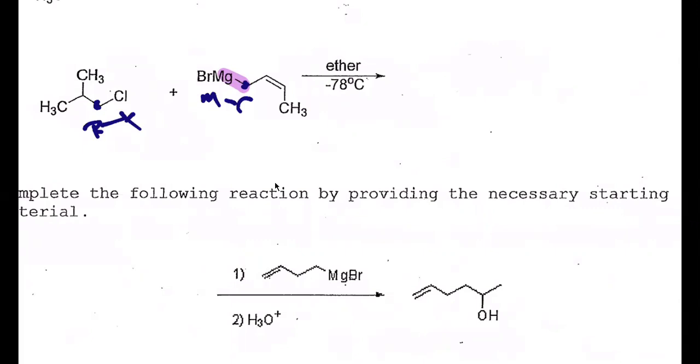We talked about how to make them, and now we're talking about how to use them. So RX will be that carbon and that chlorine? Yes, because X is the leaving group. Normally it's a halogen, but it's not always a halogen. For our class, it's going to be a halogen. MG is the metal, right?